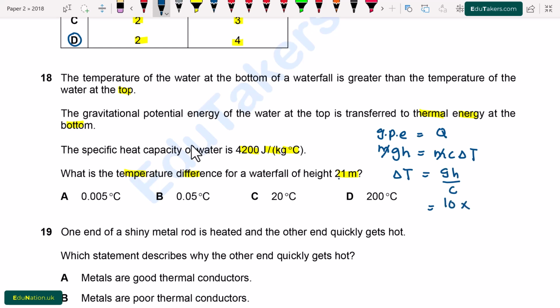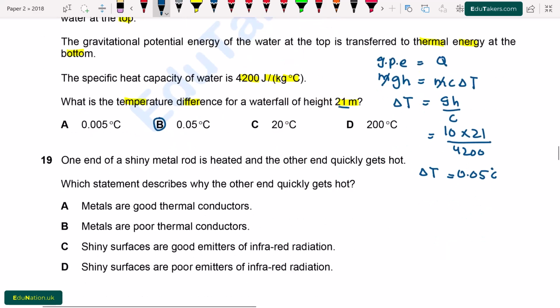Height is given 21 meter divided by c, that is the specific heat capacity, 4200. So change in temperature will be equal to 0.05 degrees C. Now we see the options. In option B, 0.05 degrees C is given. So option B is correct.